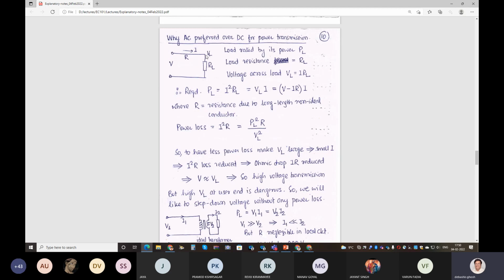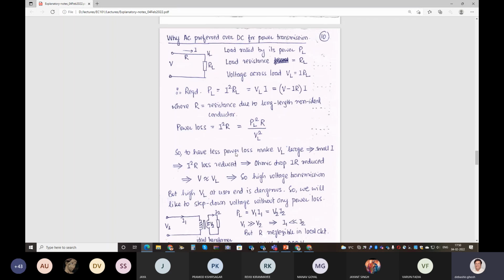Suppose I am sending, and the voltage here is 11,000 volt, your VL will be also almost equal to 11,000 volt. And if that is the voltage at your home, then that is dangerous. We cannot go for that, because it will be fatal.